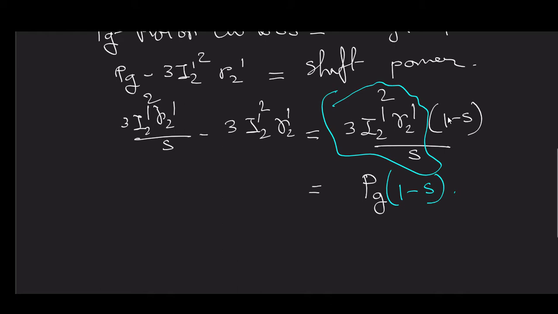Obviously, I can bet, I'm not here to publicize my own understanding in electrical machines, but you will find many videos on induction machines with all these formulas, but no one will explain how, even if we have a 5 phase induction machine rotor, we can write the rotor loss as 3I2' square R2'.